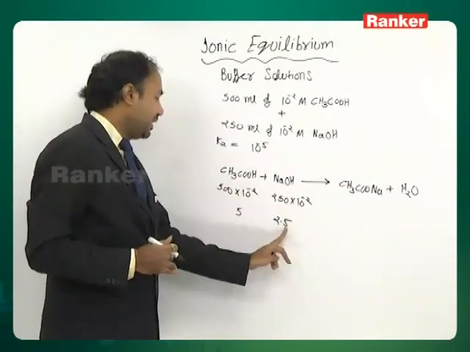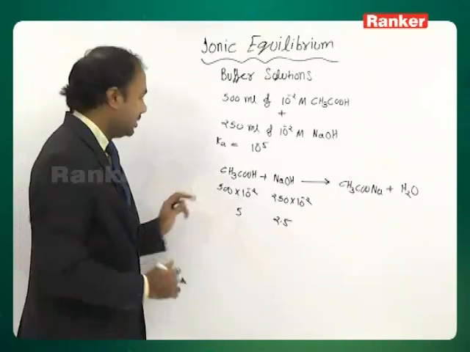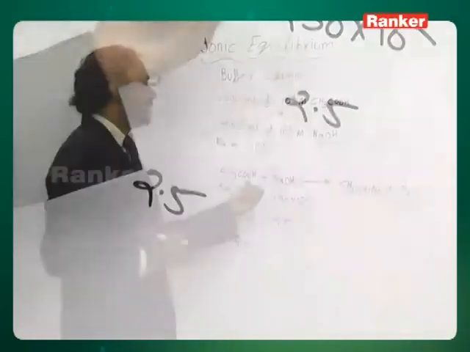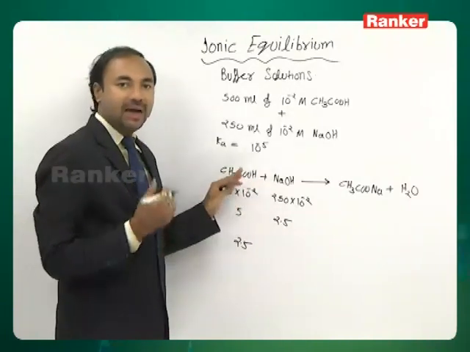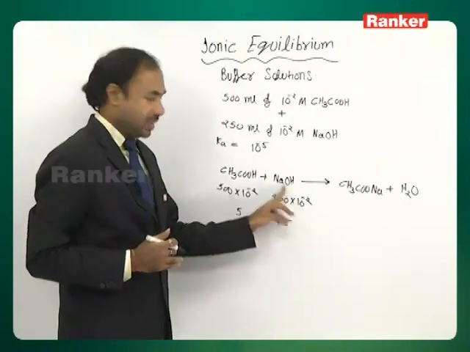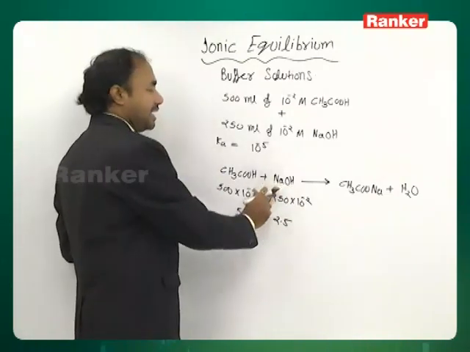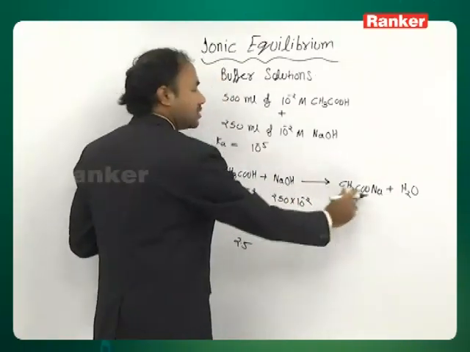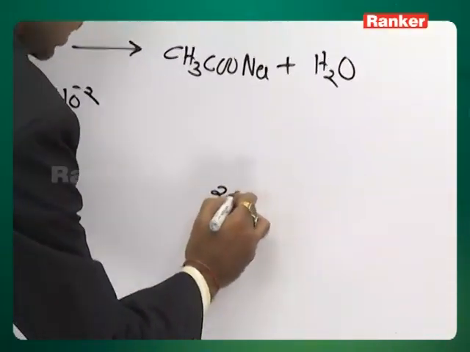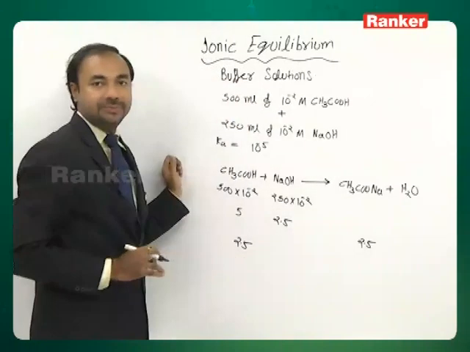So 2.5 will react with 2.5, and 2.5 millimoles of acetic acid will be left in the solution unreacted. This is excess reagent, this is limiting reagent here. Now 1 mole on reaction gives 1 mole of sodium acetate. So you get 2.5 millimoles of sodium acetate.